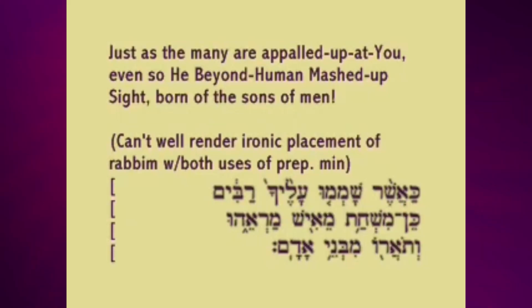So the pairing is still continuing. Shemimu is the last Cal Perfect. It's pairing to the whole clause of 52:13. And then you've got Mishchat Meish Mareihu. Shemimu Mishchat Meish Mareihu. See all the M sounds? Okay, that's for the birthing preposition min. Min means separated from, away from, beyond.